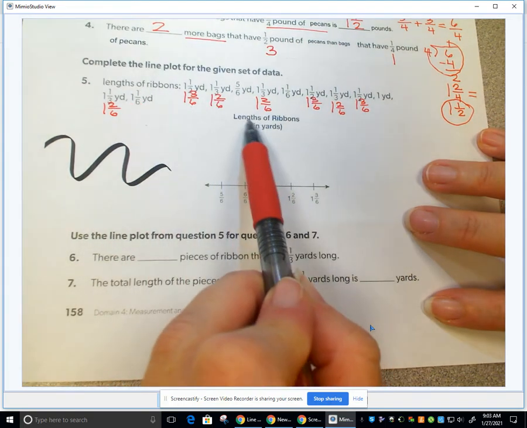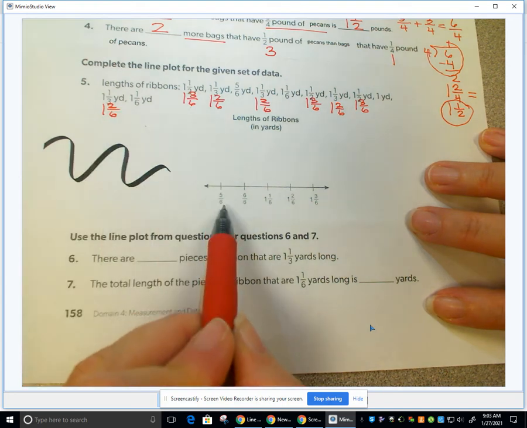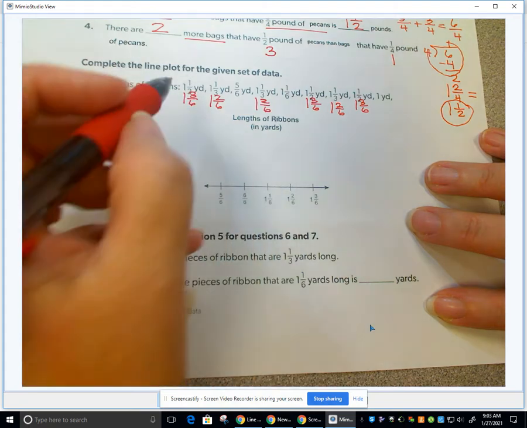They've got the title, length of ribbons in yards. Now 5/6. Oh, wait, I don't want to do that.